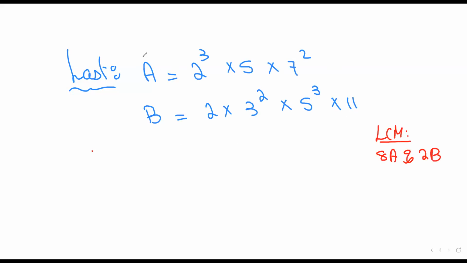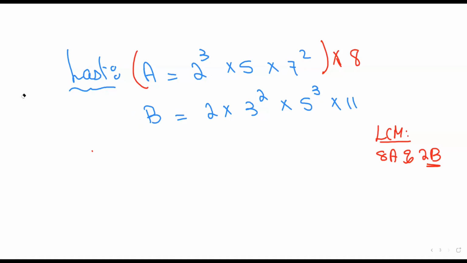8A means I will multiply this by 8. 2B is easy, because all I will do in 2B is add a 2 here and a 2 here. I will combine these two together, so I will end up with 2 squared. Now here it says 2B.